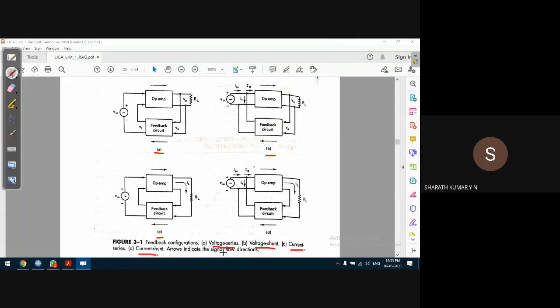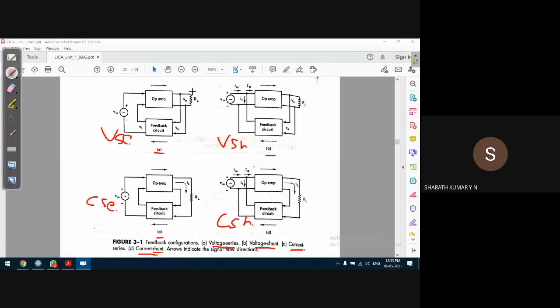Last one is current shunt feedback. Let's observe voltage series feedback to start with.